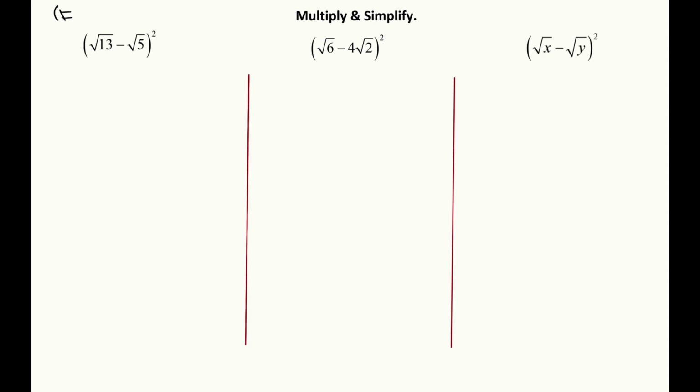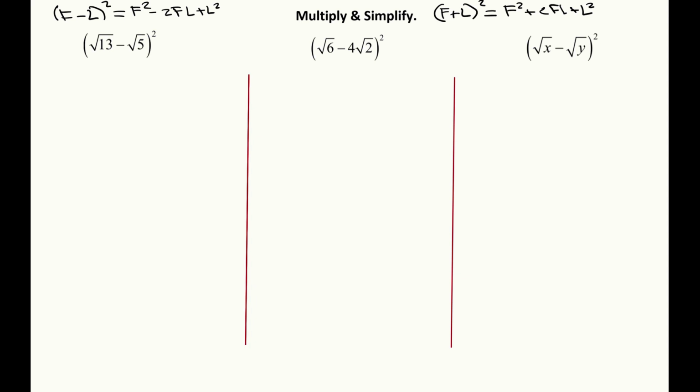When we had f minus l squared, we get f squared minus 2fl plus l squared, and we had one for the sum case as well. The square of a sum was f squared plus 2fl plus l squared.